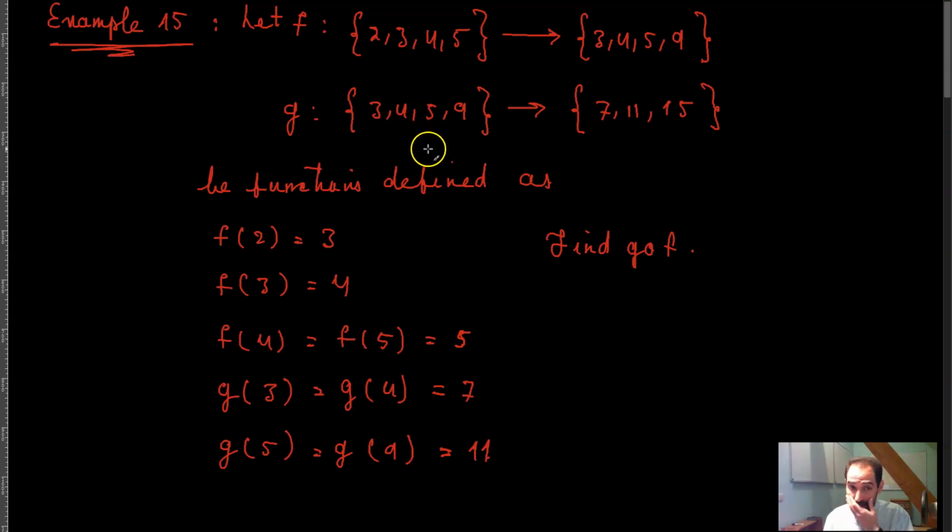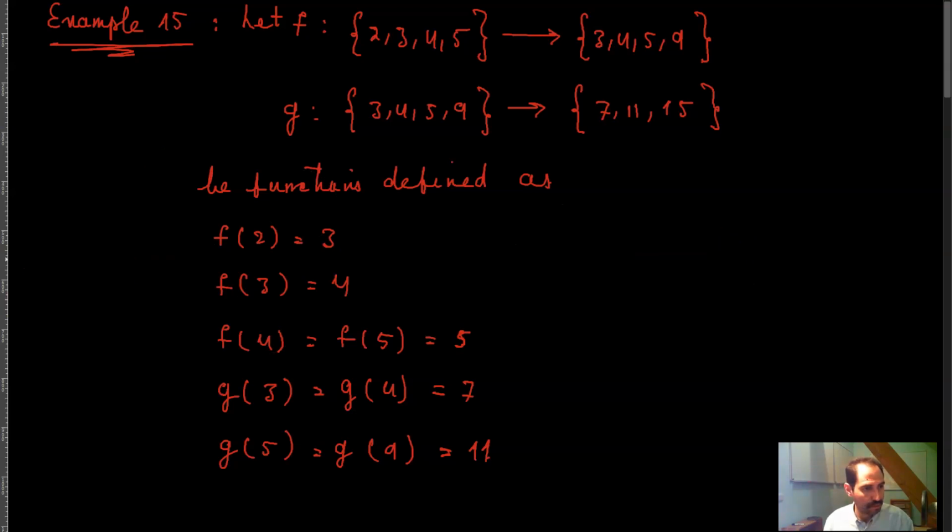Which means that you can say that g of f of 2 is equal to g of f of 3. You need to write them down, otherwise you would not be able to actually do it, right?